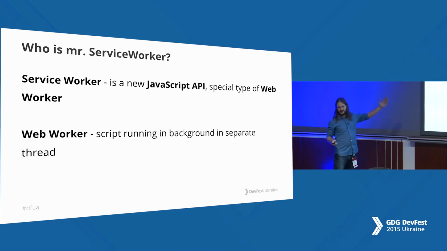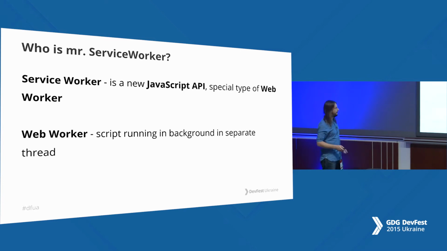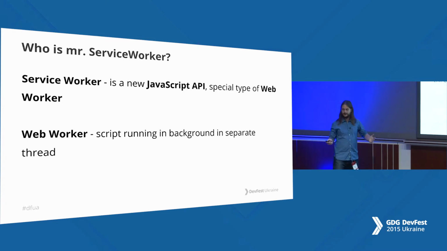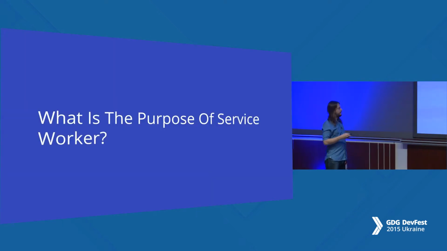First, web worker came. It was the intention to make JavaScript multi-threaded, and then guys from Google realized if we already have the technology that allows us to run JavaScript in the background, why won't we use it to make some other stuff? And what is the purpose of service worker?